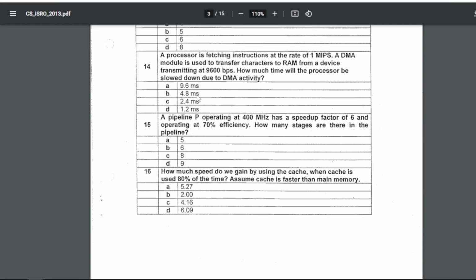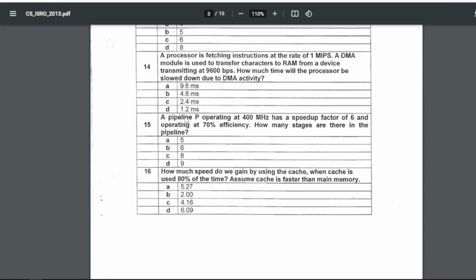Because the DMA module transfers characters at 9600 bps, which is 9600 divided by 8, that gives you 1200 characters per second. The processor is fetching instructions at the rate of 1 MIPS, that is million instructions per second, which is slowed down by 1200 divided by 10 to the power 6, so that gives you 1.2 ms.